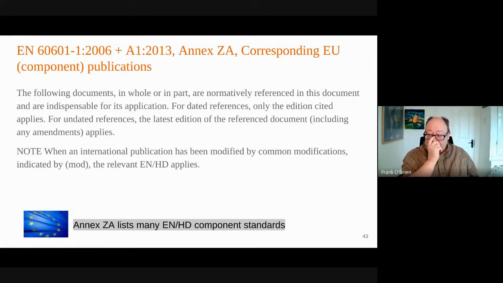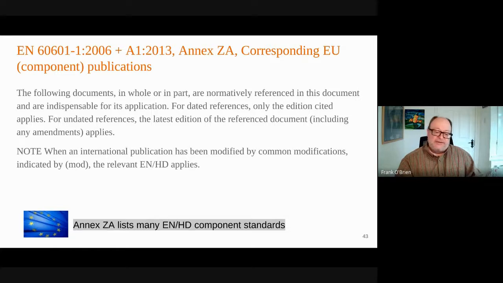They have a general annex ZA. The British like to say Z, of course, and the Americans like to say Z. And since it's Europe, we'll go with Z. ZA lists many HD harmonized documents, or whatever they're called.